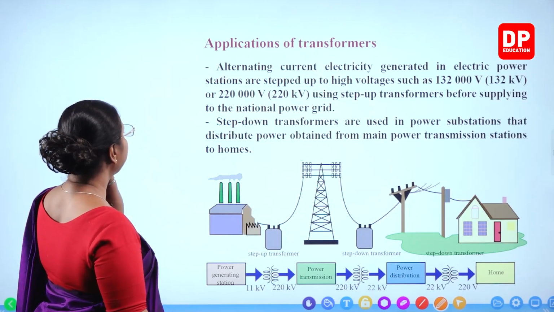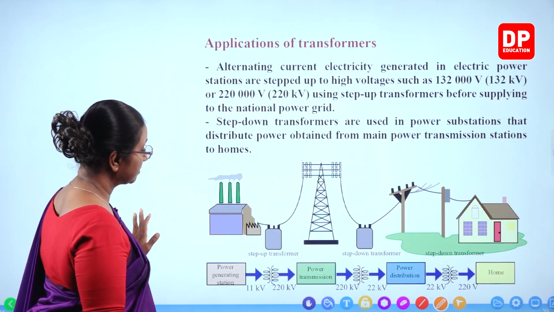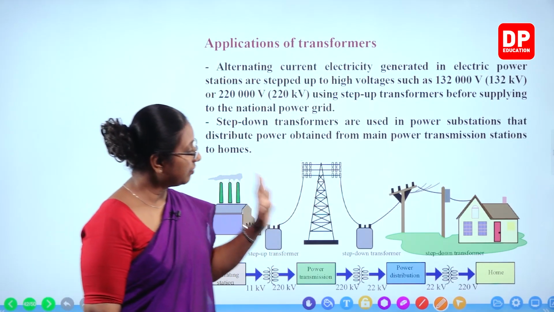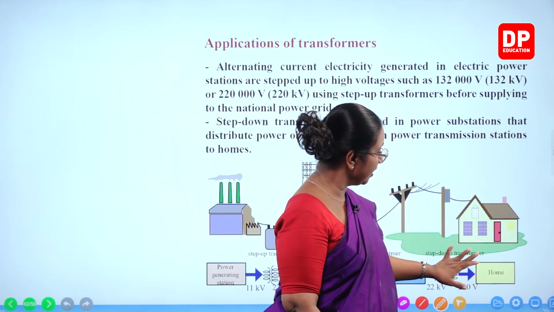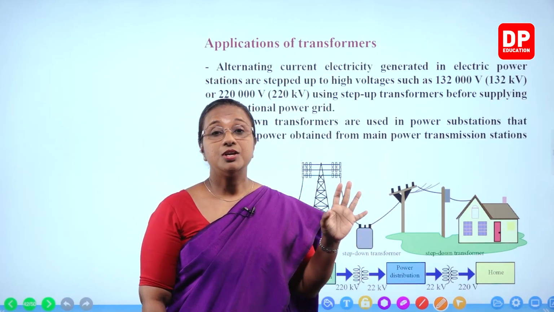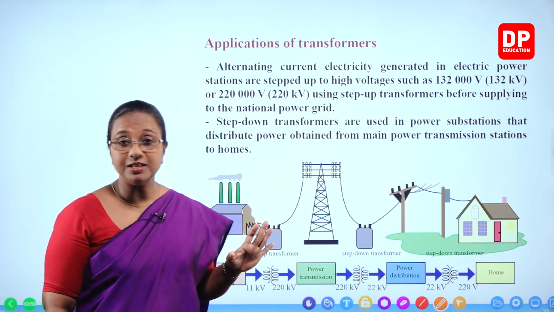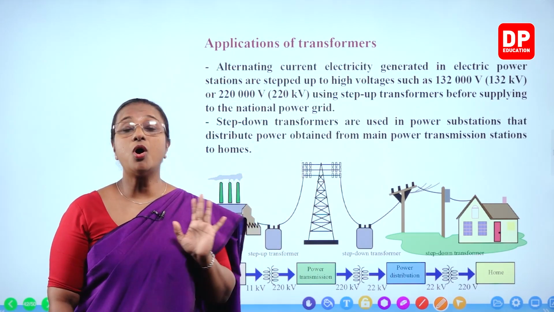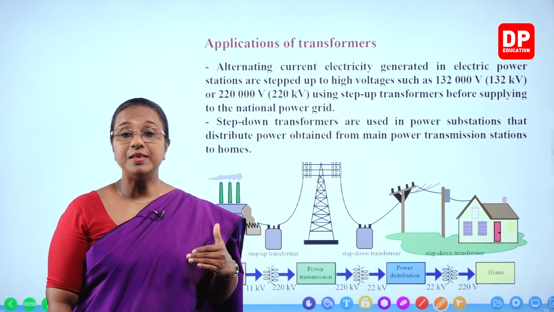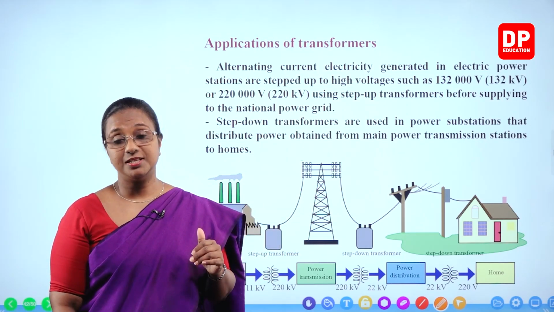So here, applications of transformers. This is part of what we have discussed before. Now you all know this is the household. When we receive current in the household, you all know it is 230 volt, 50 hertz alternating current. But that is obtained from the distribution subcenters.